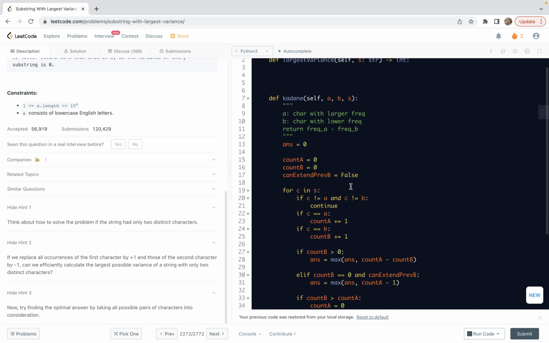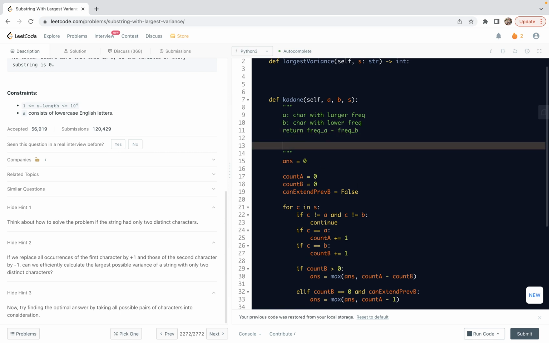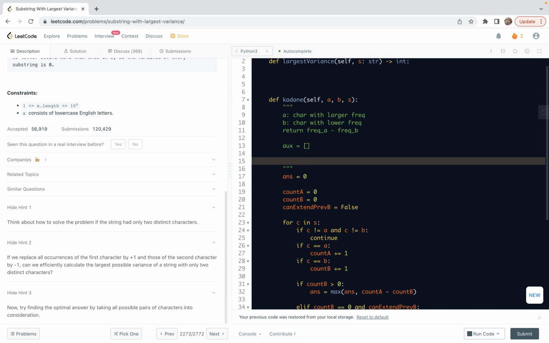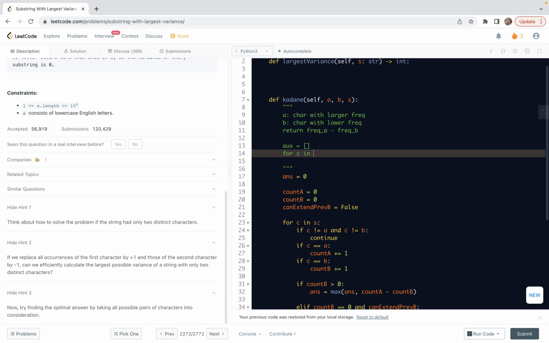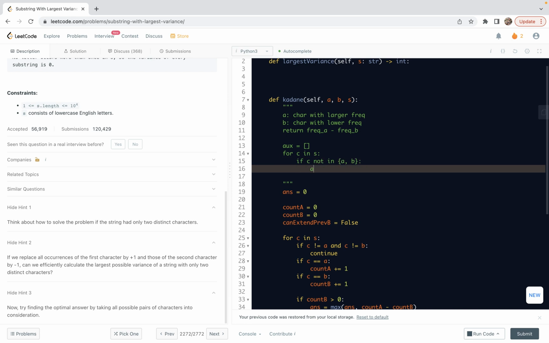But you can think of this like a list, an aux list. If you iterate over for character in S, if C is not in A and B, we just append a 0.